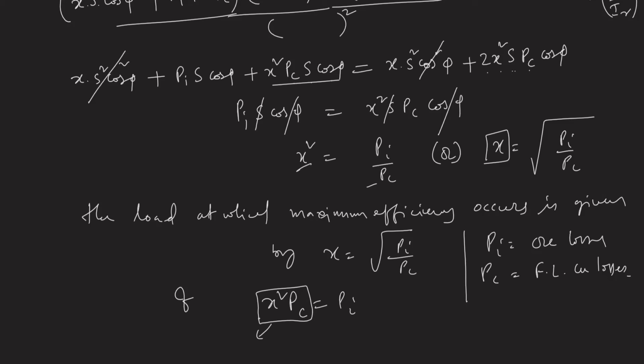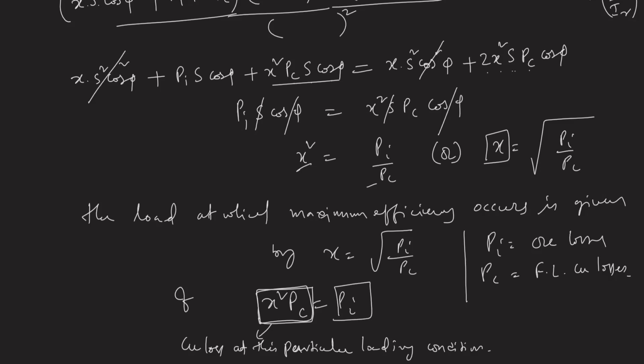So this term is the copper loss at this particular loading condition. Now, at maximum efficiency, at that particular loading condition, the copper losses are equal to the iron losses. I can also say it in that way.